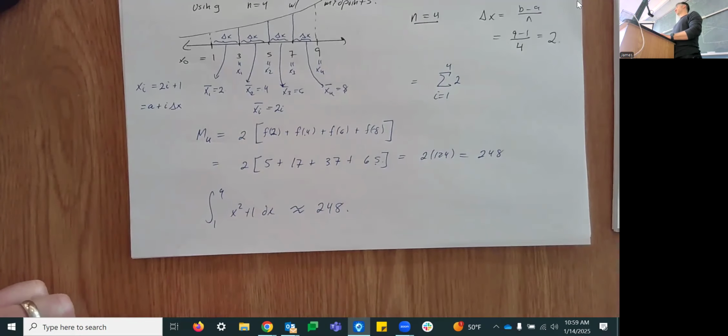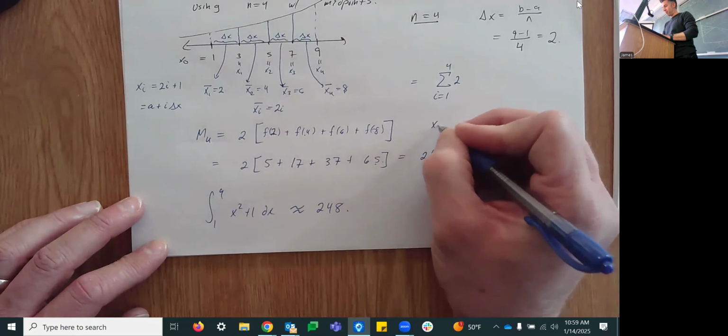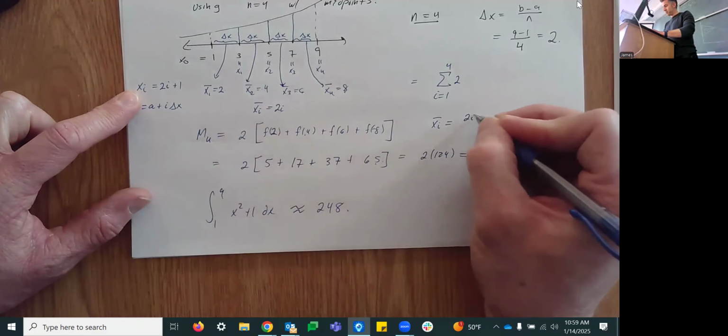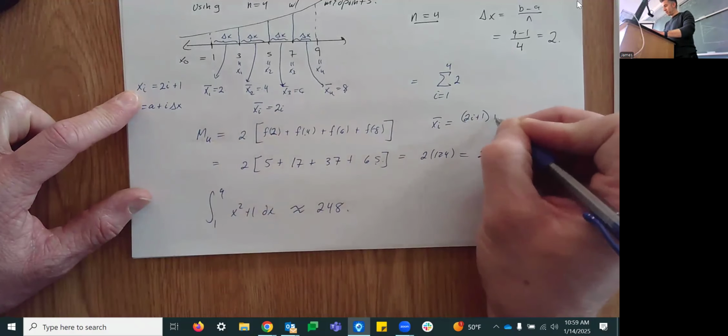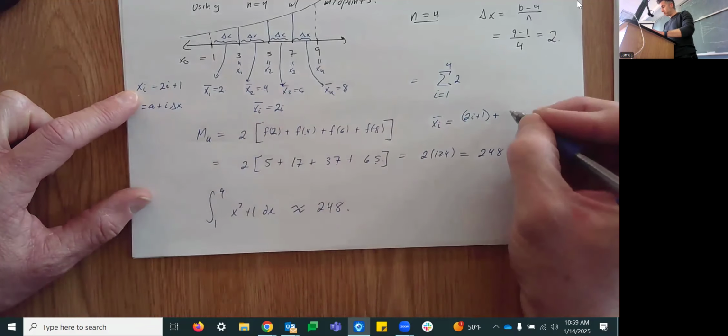So if you wanted to go the long route here, you could say it's going to be the average of x sub i and x sub i minus 1. The other way you can find this, which I think is more work, would be to say that x sub i bar is my x sub i plus my x sub i minus 1, where I'm just going to replace i with i minus 1.